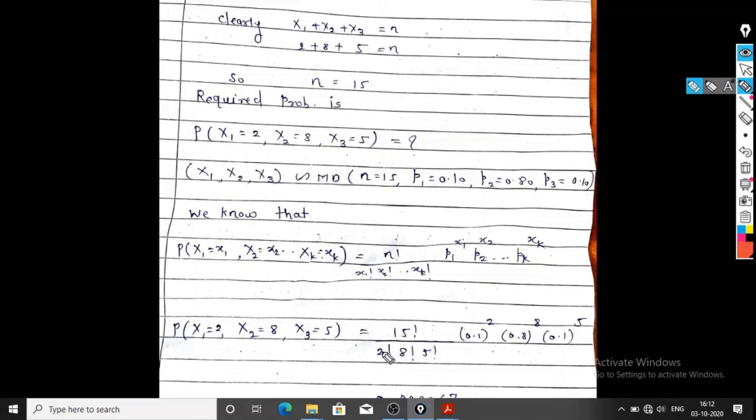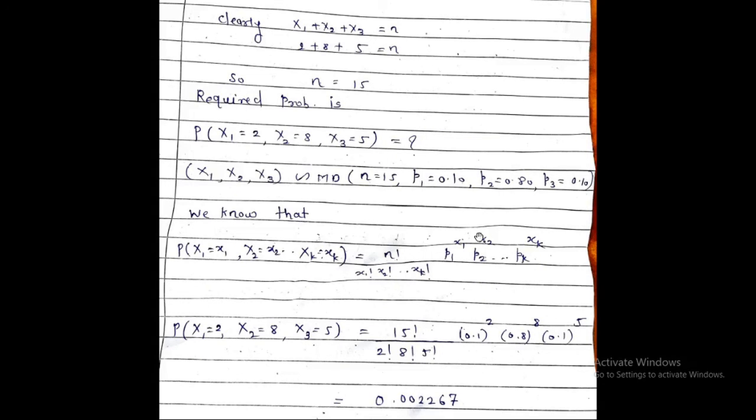So it becomes 15 factorial divided by 2 factorial into 8 factorial into 5 factorial, multiplied by 0.1 raised to 2, into 0.8 raised to 8, into 0.1 raised to 5.